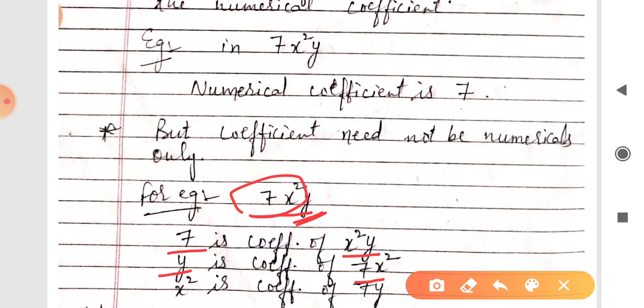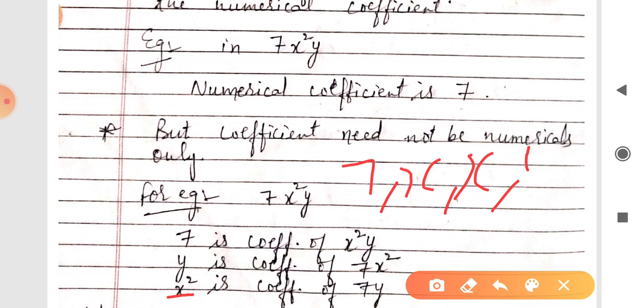And if we are writing the coefficient of 7y, then it will be x square, because its factors are 7, x, x and y.